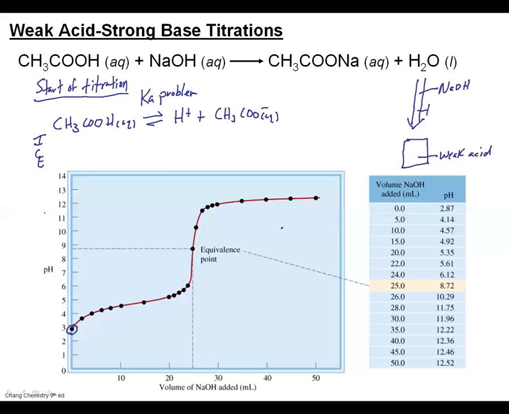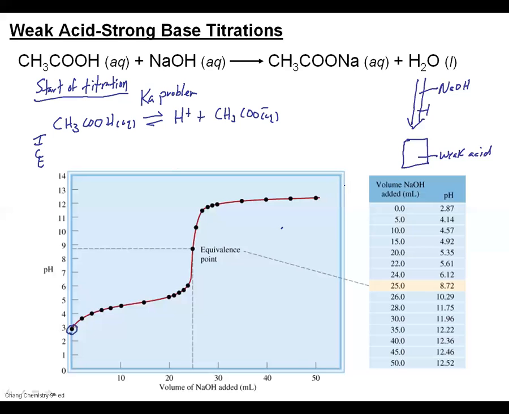We would do an ice table. We could do this ice table here in molarity, because we have not added any sodium hydroxide. This ice table would be our molarity. This would be 0. This would be 0.